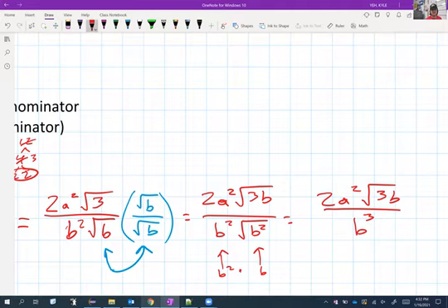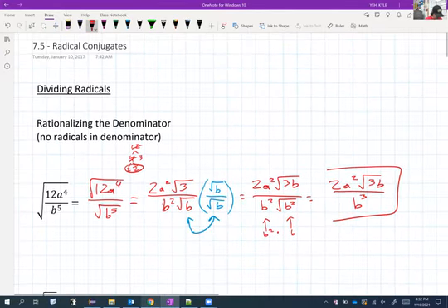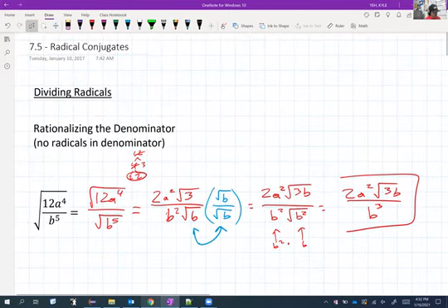We're going to call that b cubed. We can pull one more b out of that root b squared. So b squared times that one more b, b cubed. And now we don't have any radicals on bottom, which is where we want to be. So the square root of 12a to the fourth over b to the fifth looks like 2a squared root 3b over b cubed when all is said and done.